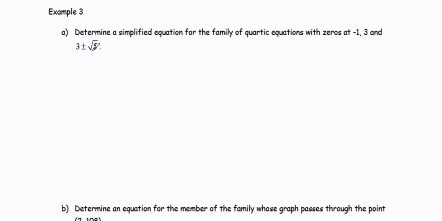But it's a legit zero, right? Like if you calculate this, it's 3 plus or minus 2 point something, which is 3 plus 2 point something and 3 minus 2 point something. It's legitimate. Okay, so we have to get used to using this radical notation.